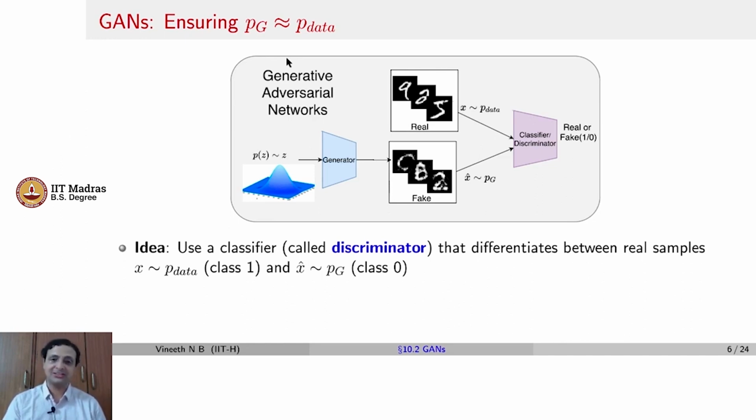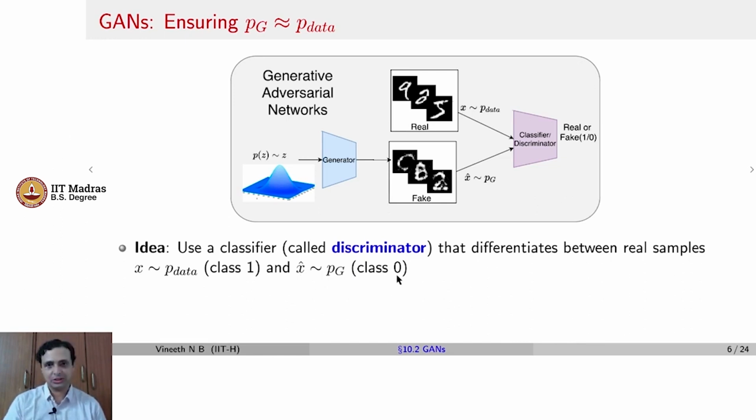To do this, the originators of this particular method, Goodfellow et al., had an interesting idea. They introduced a classifier called a discriminator, which we'll denote as D in this lecture, to differentiate between real samples and generated samples. So if data came from P data, it would be given class 1, and if data came from the generated distribution, that is X hat coming from PG, then it would be given class 0.